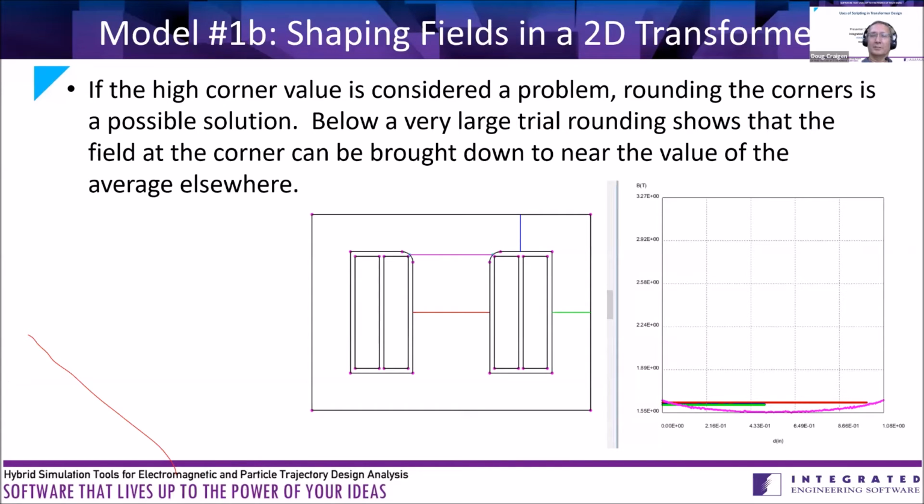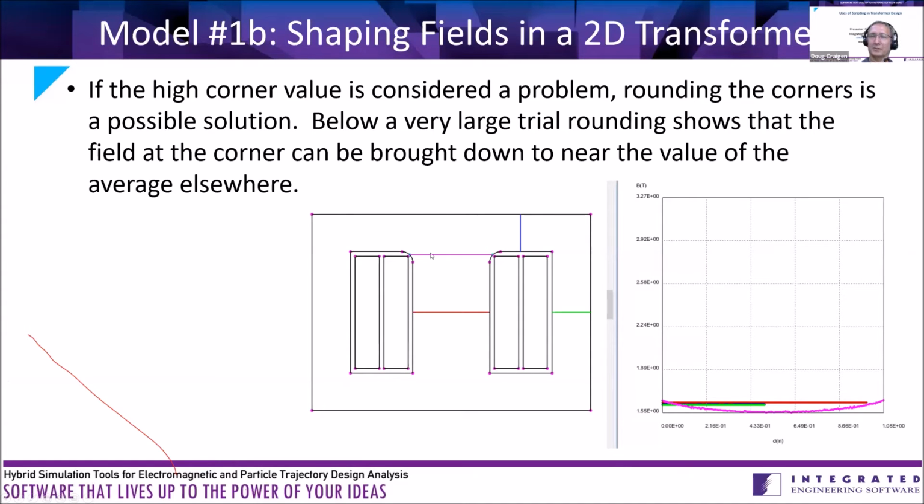So if I just do a quick manual trial to get a sense of what's going to happen, I put rounding on these two corners where I did my plot. Now my line is a little bit longer because instead of from here to here, it's going just a little bit further. What you see is that this amount of corner rounding, which is almost as far as I can go with the same proposed coil position, has brought me down so that my maximum field is almost the same value as what I've got on the red, green, and blue sections.